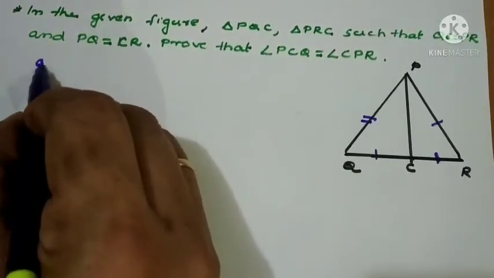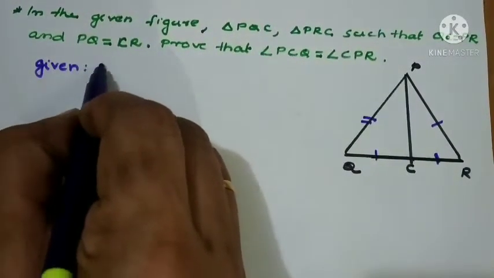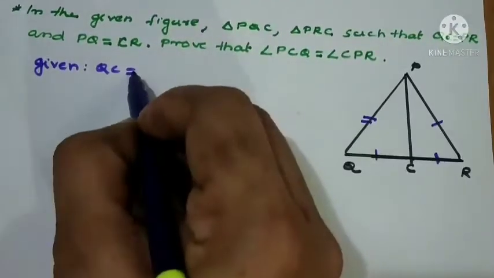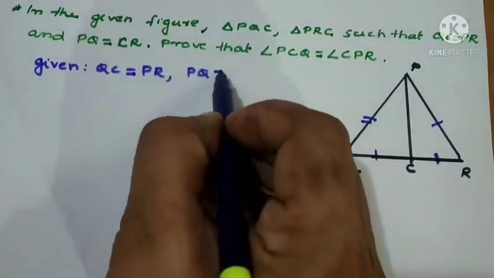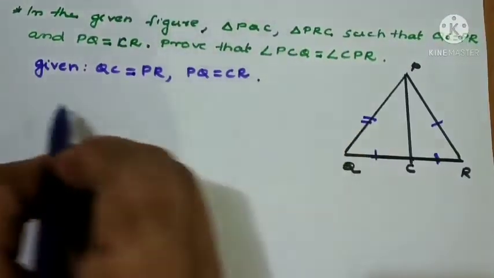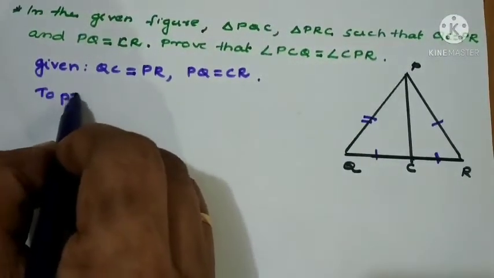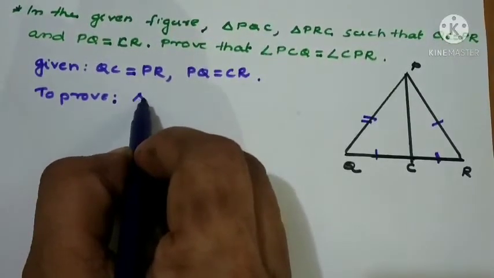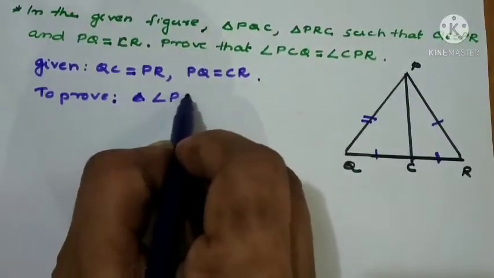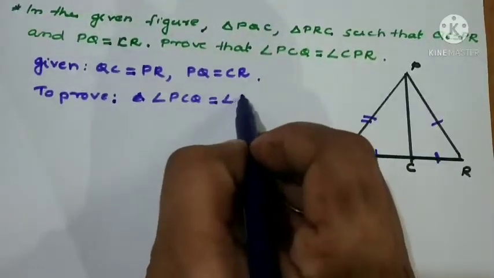So given QC equal to PR, PQ equal to CR. To prove angle PCQ equal to angle CPR.